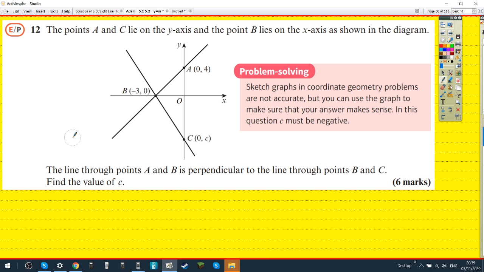So we're in 4 equals m brackets 0 plus c. I'll write it as 0m plus c.